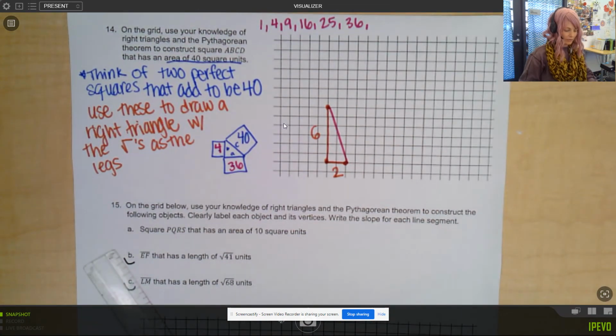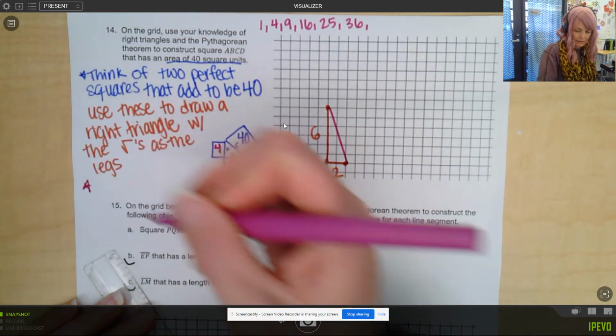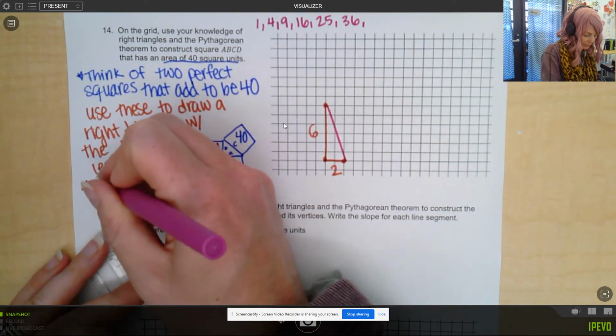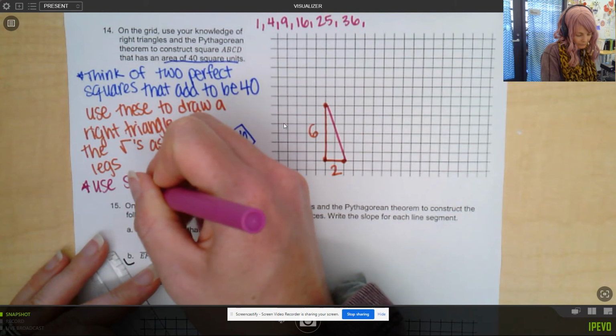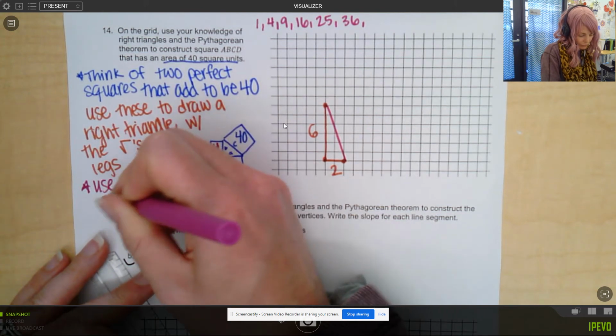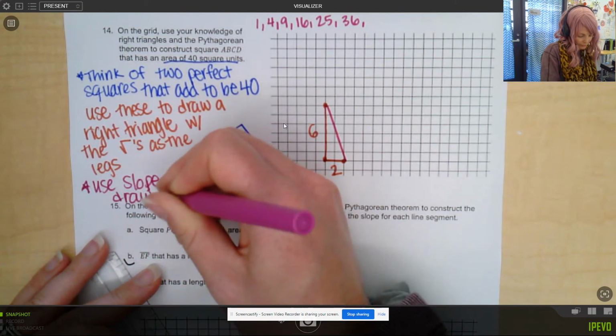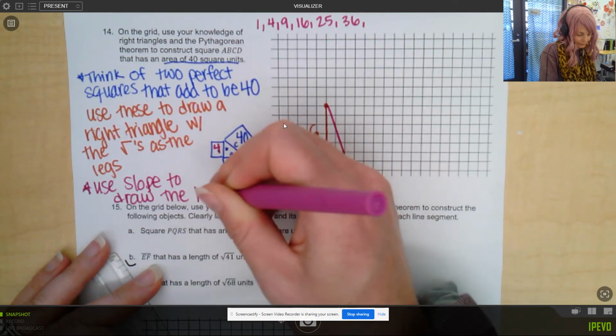Now what we're going to do is we're going to use slope to draw the hypotenuse square.